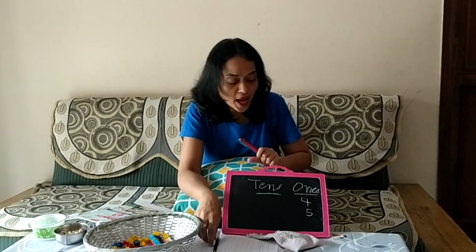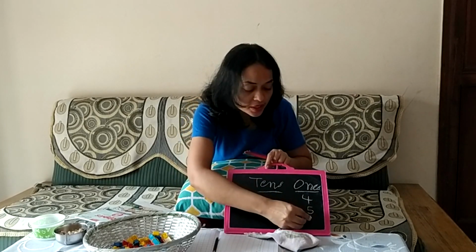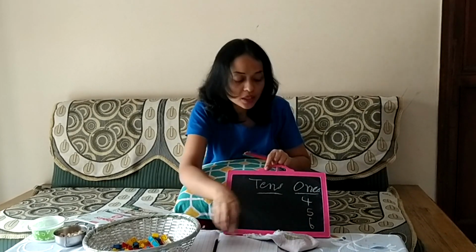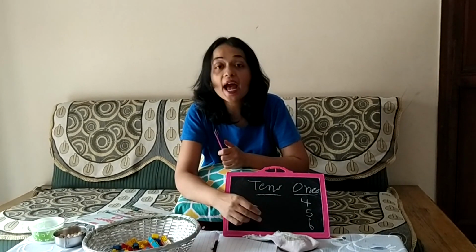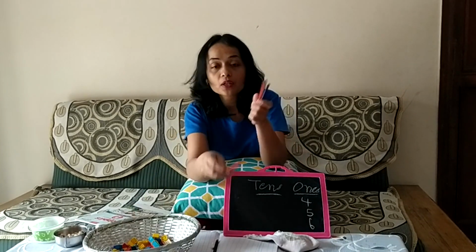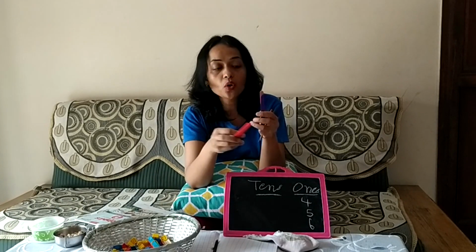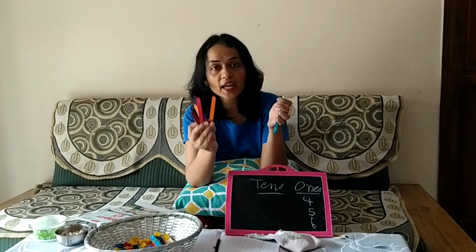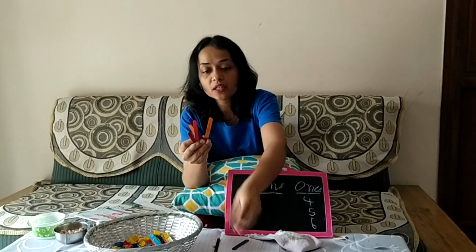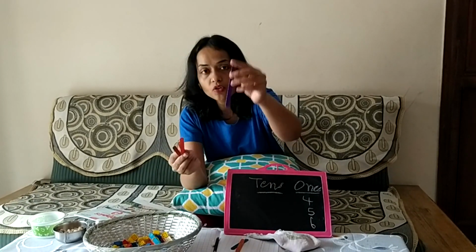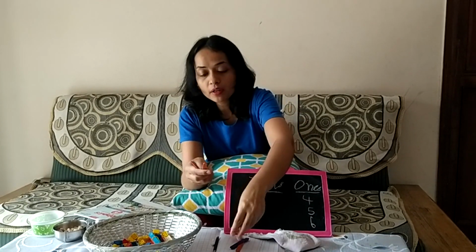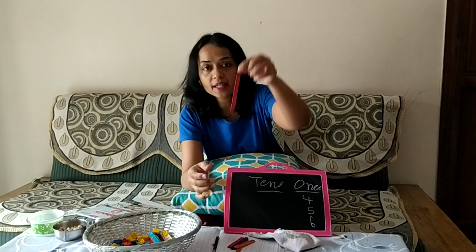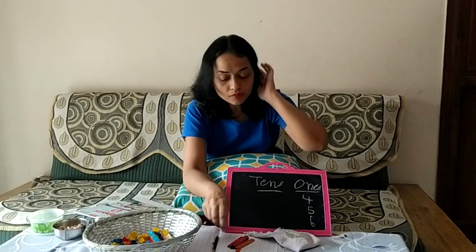Now I have 6. Again under tens I have no value. So 1, 2, 3, 4, 5 and 6.